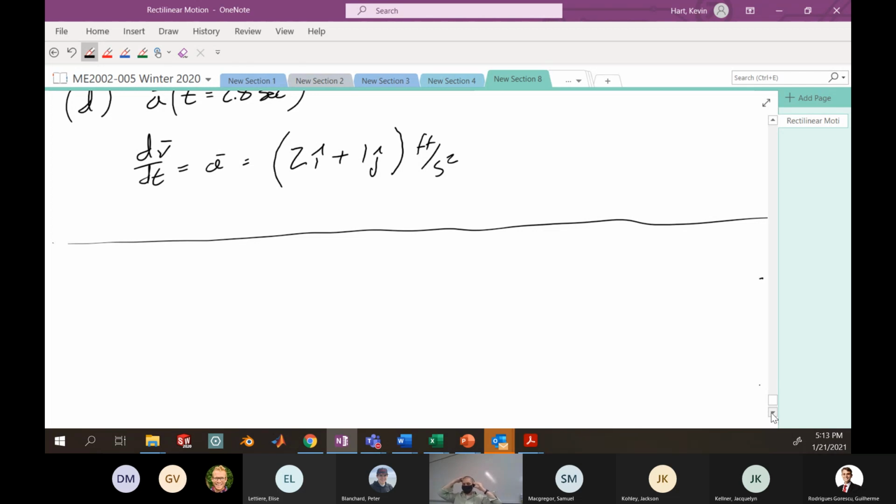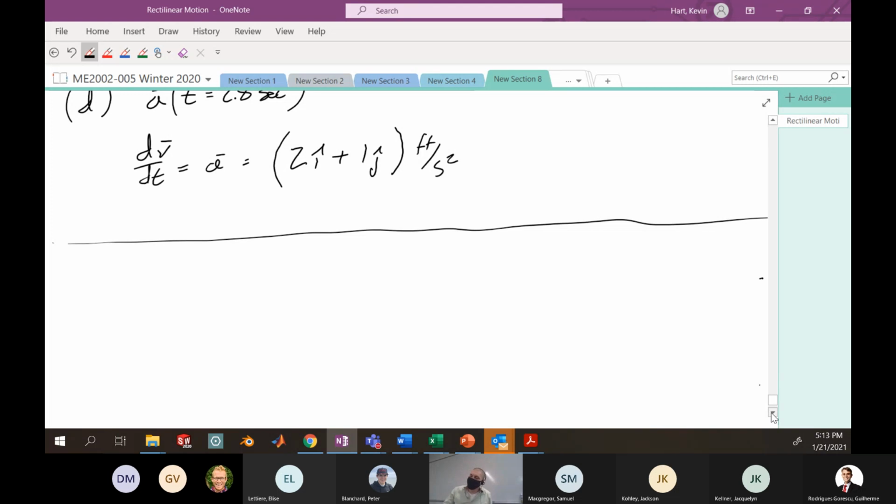The first step towards getting there is talking about relative positions of particles, which will later turn into positions of two coordinate systems relative to each other. So step number one is relative positions of two particles in space. Then we'll eventually go to positions of two coordinate systems relative to each other in space.